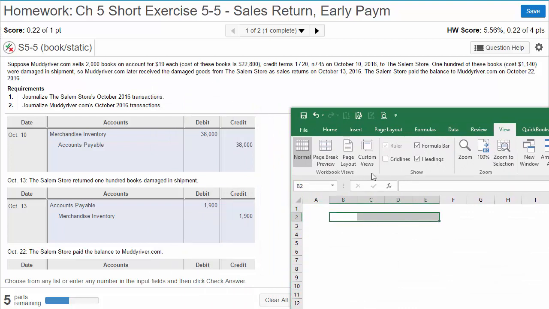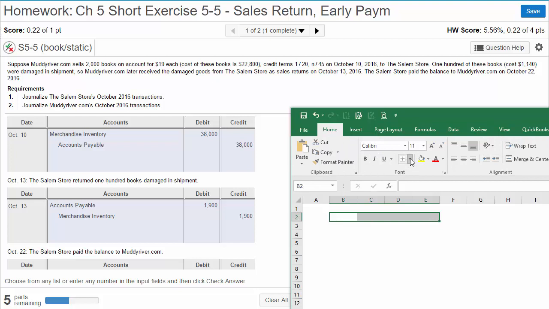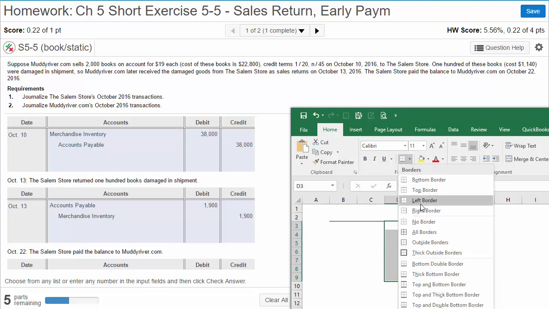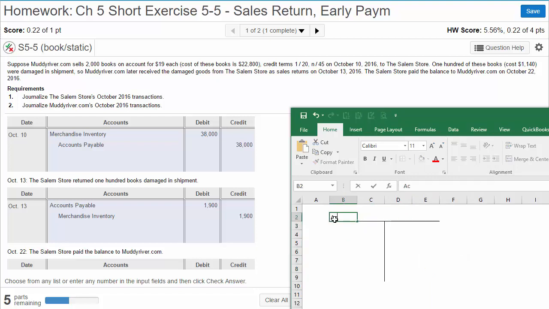So I'm going to make a T account for AP, accounts payable. All right, and then just for information purposes, remember the account increases on the right side and decreases on the left side. There we go. Now we have a T account for AP.